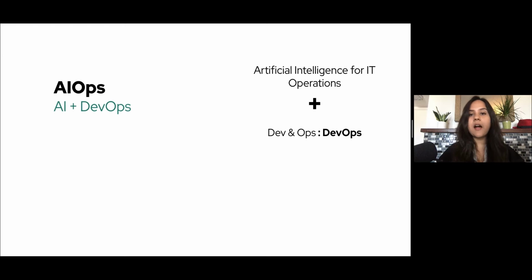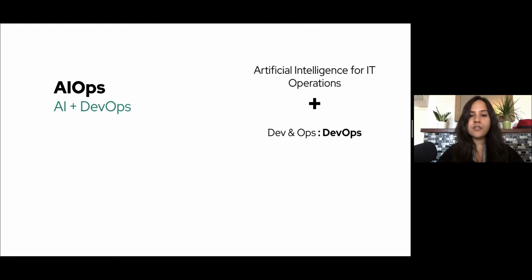AIOps stands for Artificial Intelligence for IT Operations. AIOps is a critical component of supporting any open hybrid cloud infrastructure. In our opinion, it's mostly a cultural change, very much as what we saw with the DevOps movement. Here we combined the two cultural mentalities from dev and ops to create a new culture, the DevOps culture.